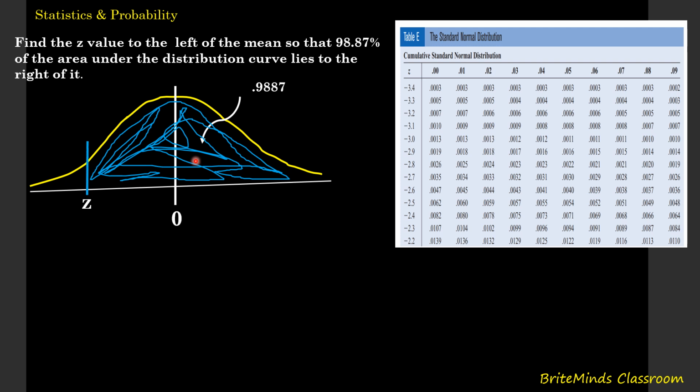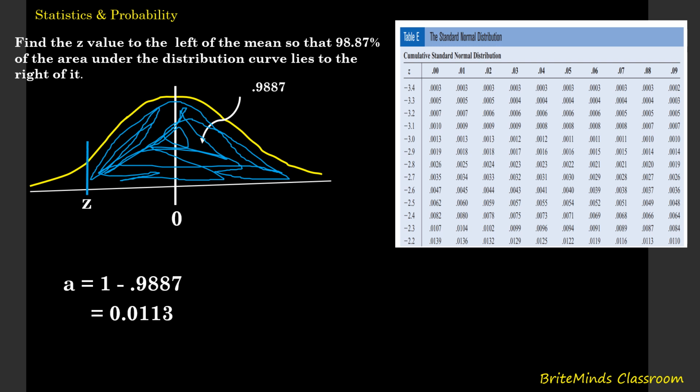Remember, students, that the total area under the normal distribution curve is equal to 1. So we will subtract 98.87 from 1, and the difference is 0.0113.